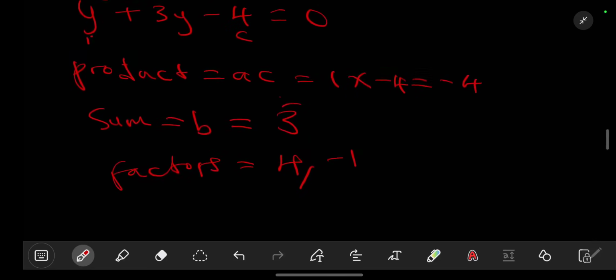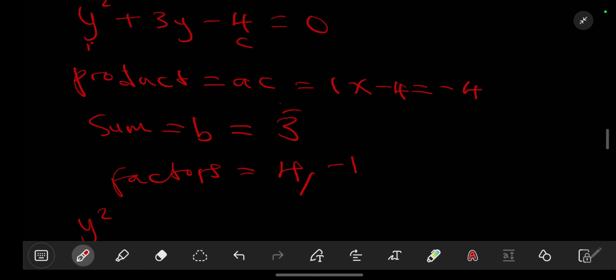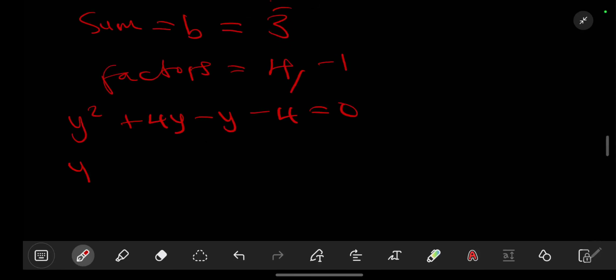So we are going to replace now. We have y squared like that. Then we have plus 4y minus y minus 4, which should be equal to 0. So y is common there. What will be remaining here will be y plus 4 like that. Then we have -1. Then we have y plus 4 like that, should be equal to 0.